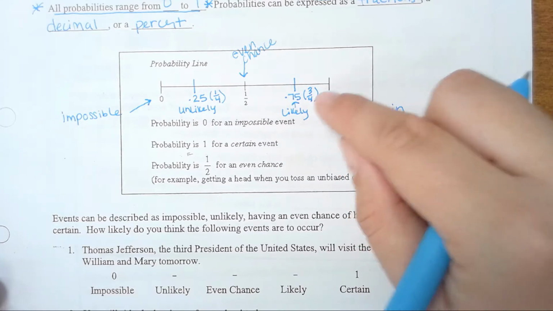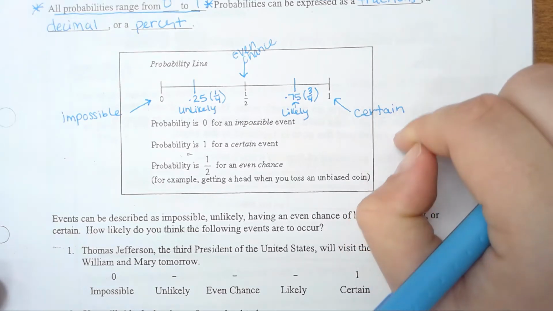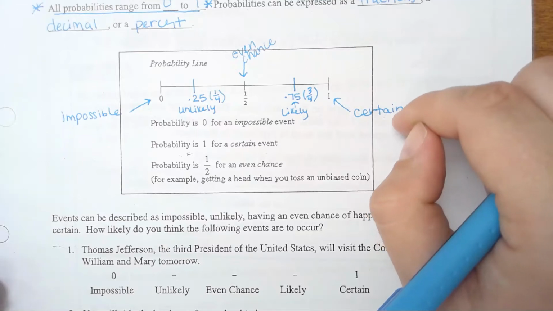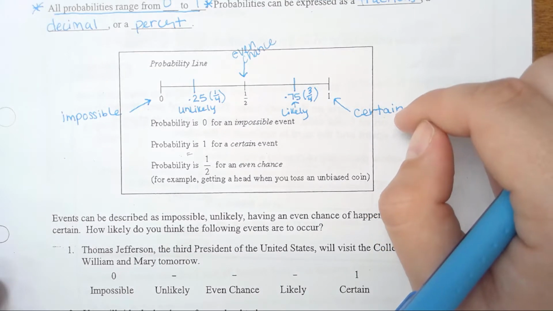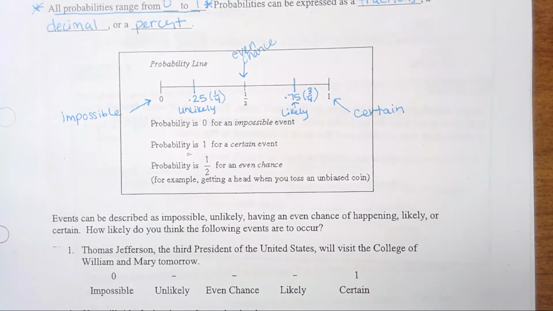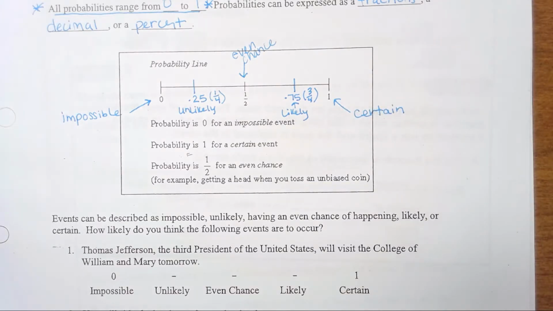And then the last one, a probability of 1, means that it's certain. If I asked what's the probability of getting heads or tails when I flip a quarter, those are the only two options that can happen. So my probability is 1, because I know for sure that every time I flip a quarter, it will land on heads or tails.